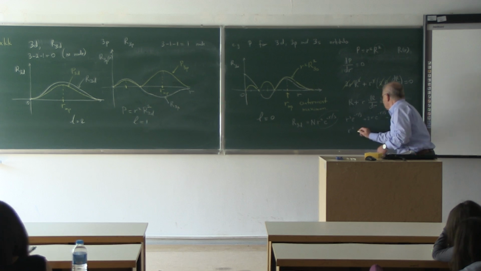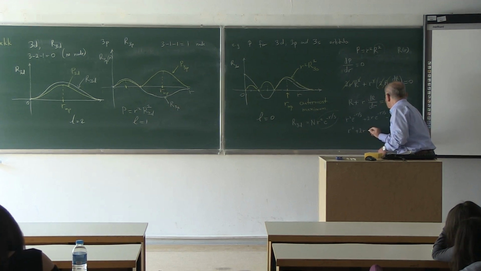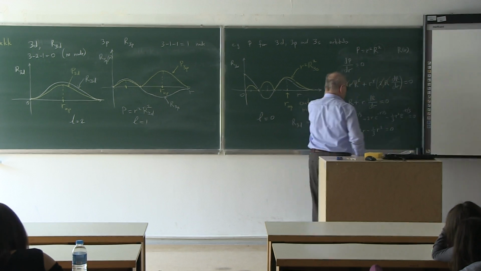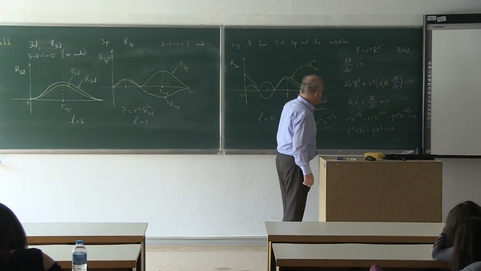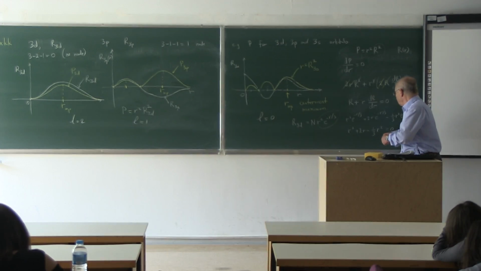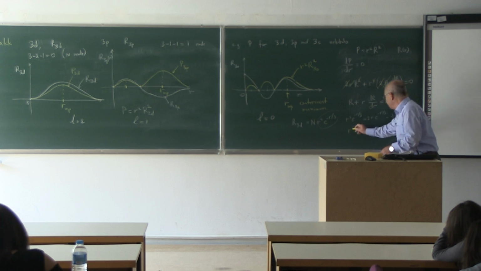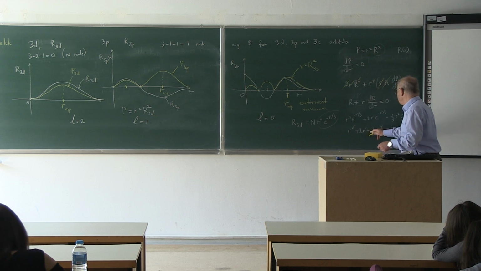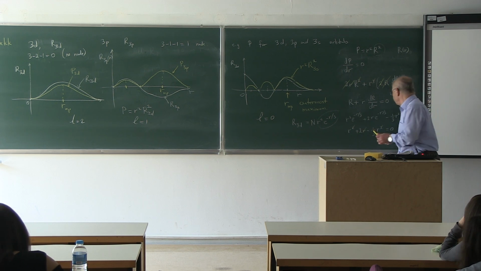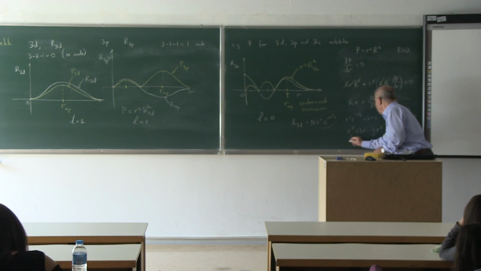So the factors of the exponentials cancel, so let us simplify. R goes. Here is minus 1 over 3. Here is plus 1. 1 minus 1 over 3 is 2 over 3, isn't it? 2 over 3.